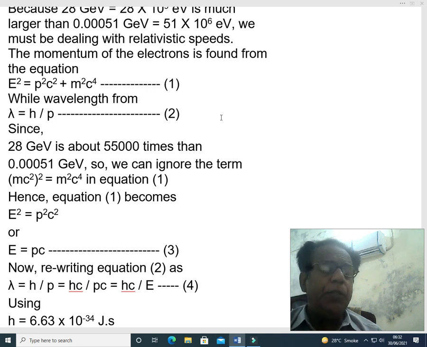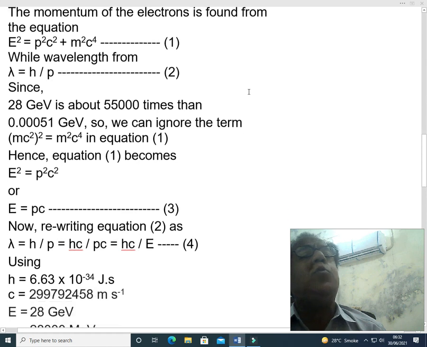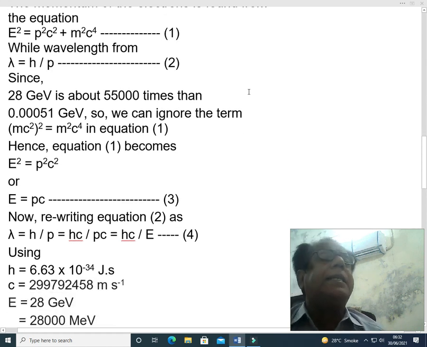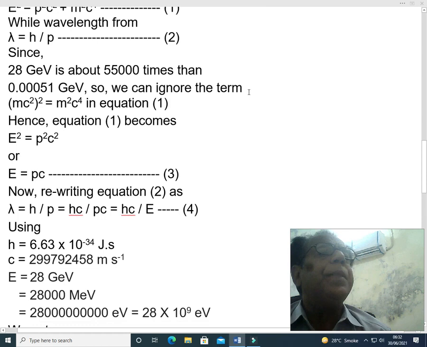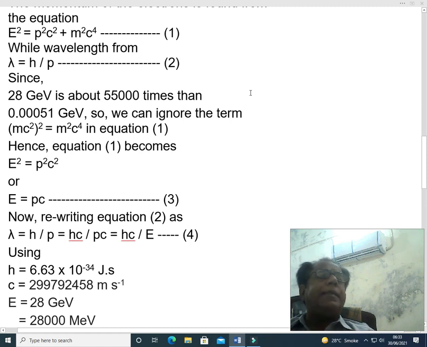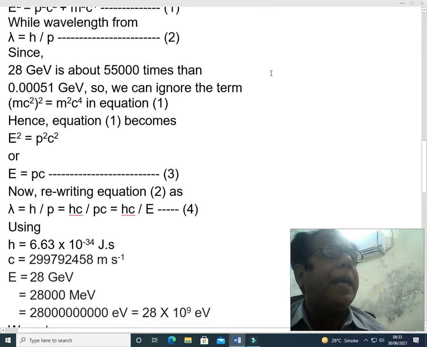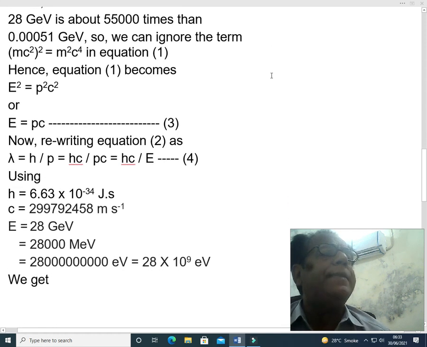Due to this huge difference, one value being 55,000 times larger than the other, we can neglect the small quantity. Hence equation number 1 becomes E square equal to P square C square. M square C4 is eliminated, and taking the square root on both sides, E becomes equal to PC. This is equation number 3.